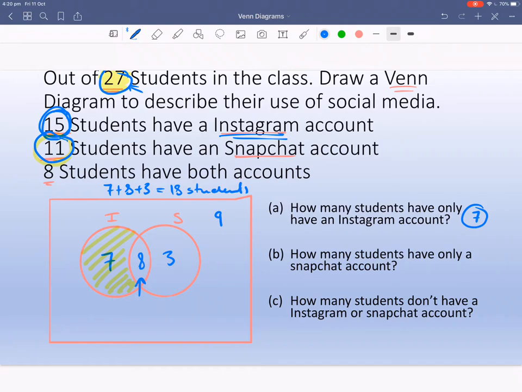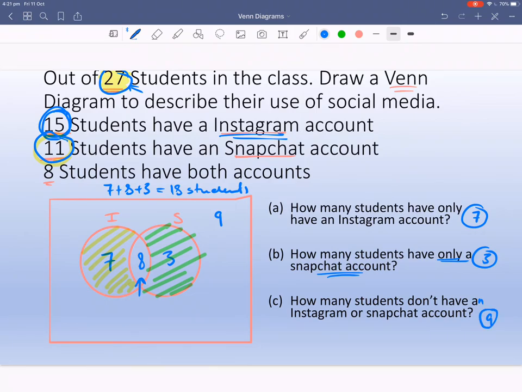The next one is how many students only have a Snapchat account? That will be these people here, so that looks like 3. And then C asks how many students don't have an Instagram or Snapchat account. That's the people outside of these two circles, because those two circles describe Instagram and Snapchat. So that is 9.